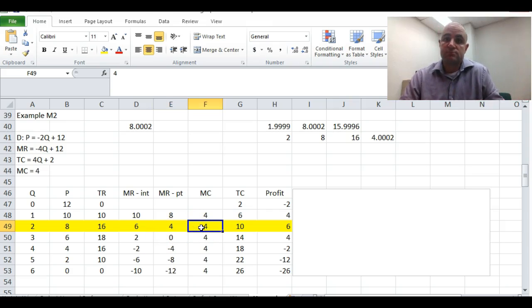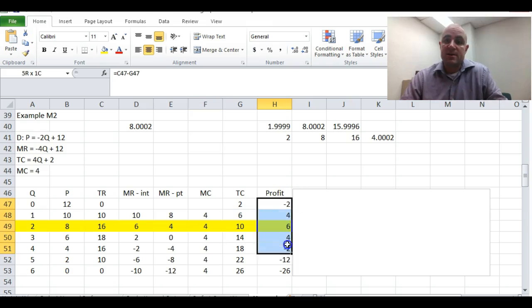Cost is also going to be 4. Okay. Not going to lose money there. Let's do it. What about the third? Well, the marginal revenue, the additional revenue you get from the third is 0. It's going to cost you 4, so you're actually going to lose $4 worth of profit. Okay, so that doesn't make sense.